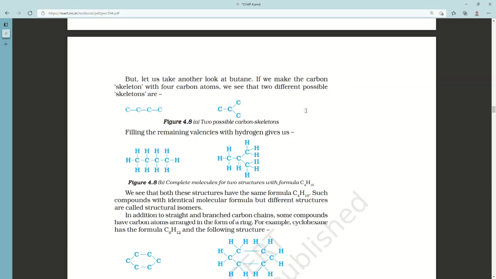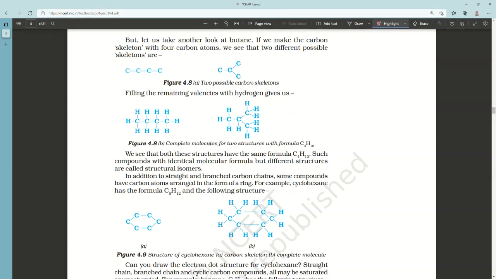The unsaturated hydrocarbons which contain one or more double bonds are called alkenes, A-L-K-E-N-E-S. Those containing one or more triple bonds are called alkynes.